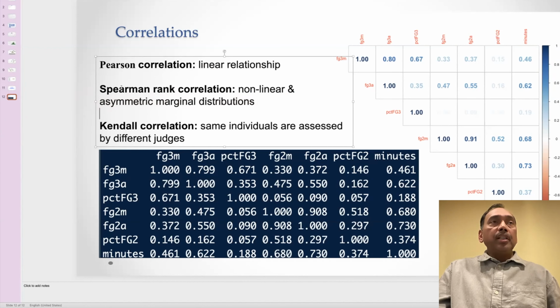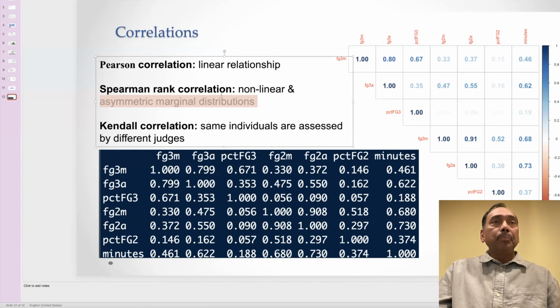So in those situations, people suggest we should use Spearman because Pearson assumes there's a linear relation between the variables. But that may not be the case all the time. We may have non-linear relations, and also the marginal distributions may not be symmetric. So those situations call for Spearman rank correlation.